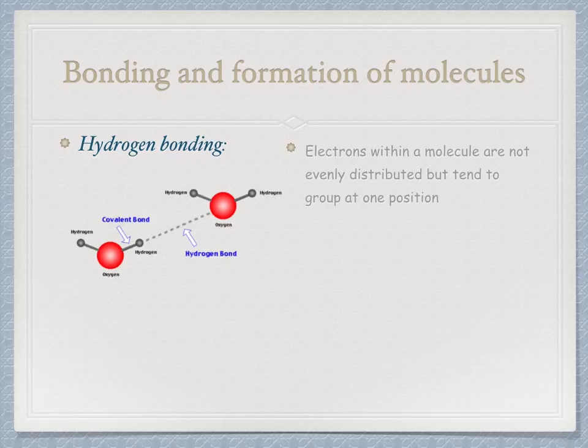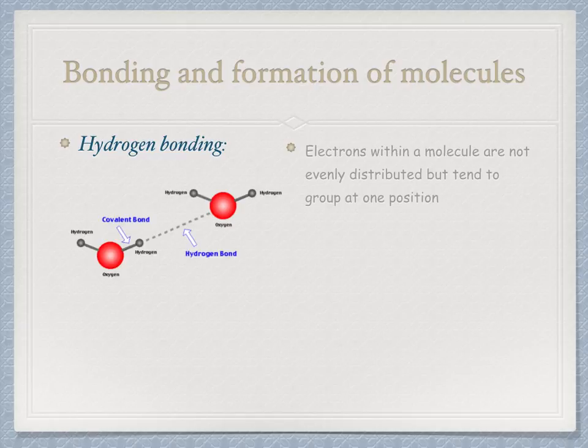This means that oxygen is going to form what we call a delta negative charge. Hydrogen, on the other hand, is still sharing electrons with oxygen, but the electrons are drawn more towards the oxygen. So hydrogen is going to have a slightly positive charge, so we say it's delta positive.